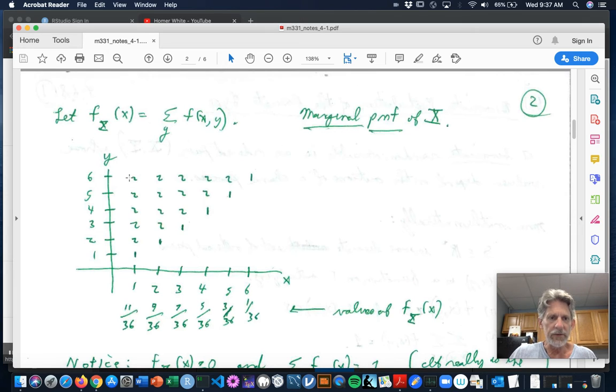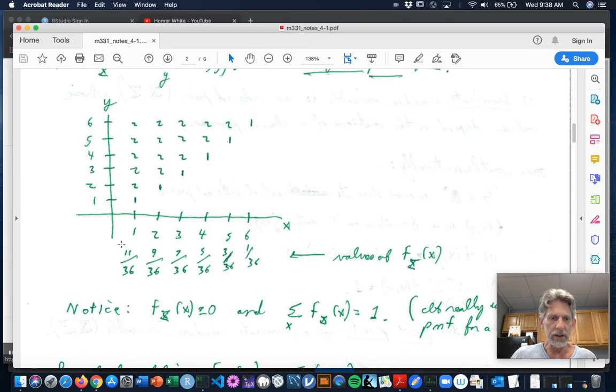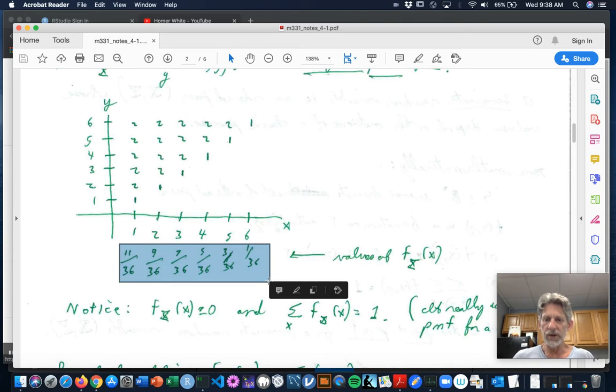And similarly, for any of the other values of capital X, you just go to all the y's where (x, y) is part of the sample space, add up, and you get f sub capital X at that little x. Ta-da. So right here are all of the values of f sub capital X.